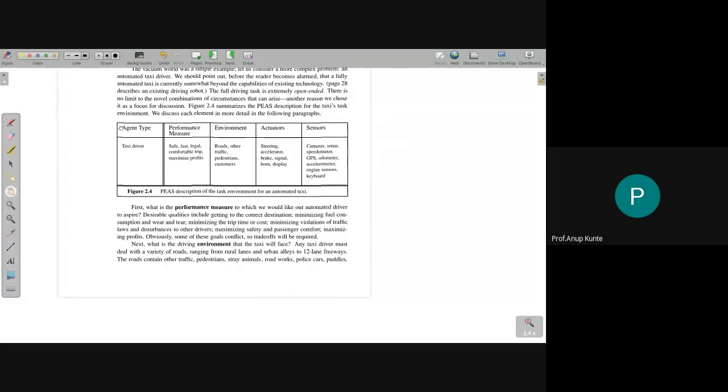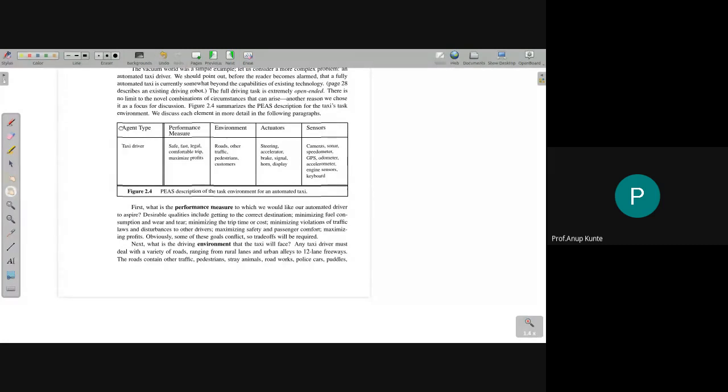And as I told you already, there can be multiple criteria which may have a trade-off between them, and you need to maximize the benefit from the point of view of your agent. If your agent is the taxi driver or the taxi fleet owning company, or both, there might be different ways in which the performance measure is defined if you change the agent that you are considering.